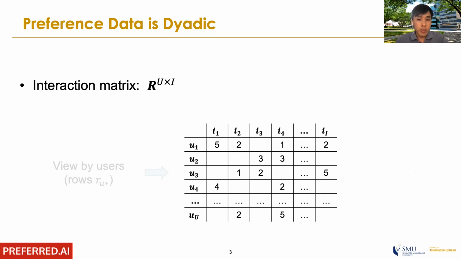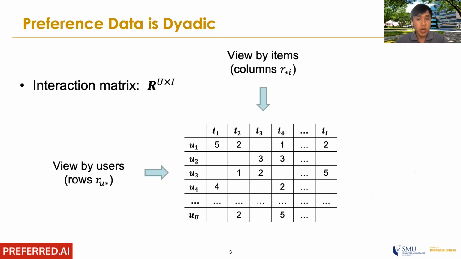First, we can view it by user, meaning view it by rows, and it consists of a collection of rows. The second way to view the rating matrix is by columns, which in this case we view by items, and is a set of collections of columns in this matrix.